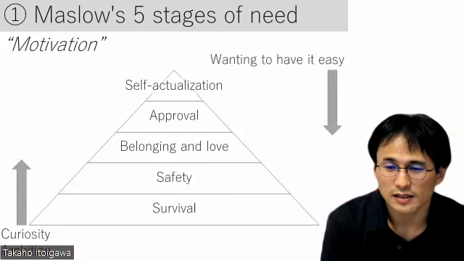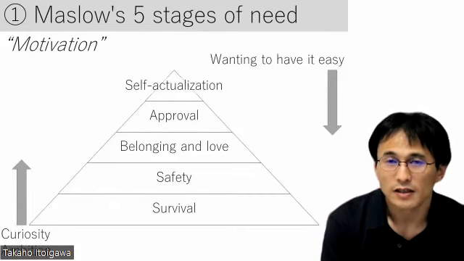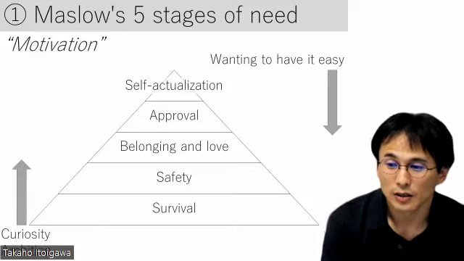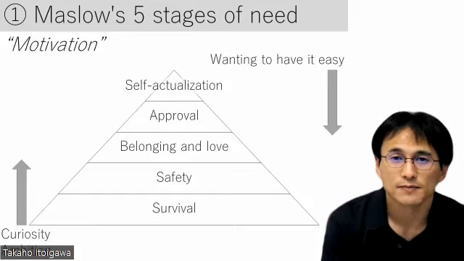He also cites the desire for ease as the driving force behind the lower level needs. Desires, such as those summarized in Maslow's five levels of needs theory, can be said to be the driving force behind human behavior.